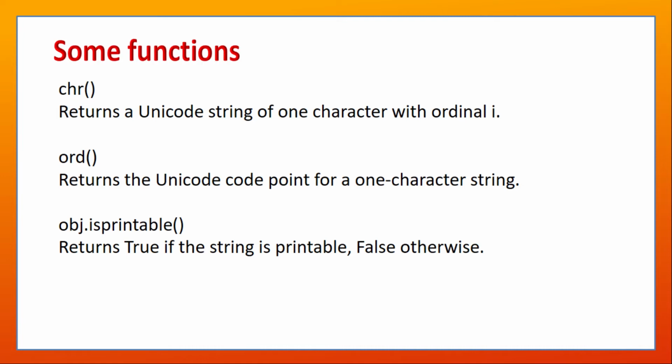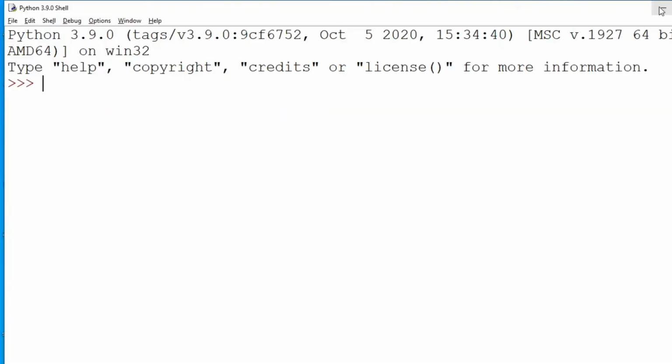The isprintable method of a string object returns true if all the characters of the string are printable characters. Otherwise, it returns false. That is, if at least one non-printable control character is part of the string, then it will return false. Let us see this in practice.